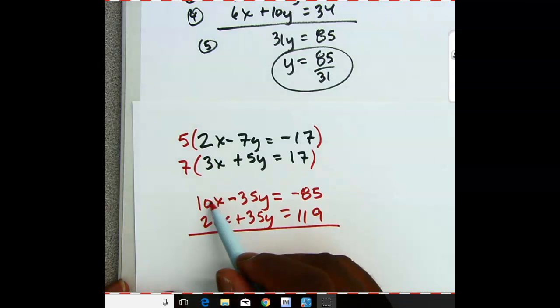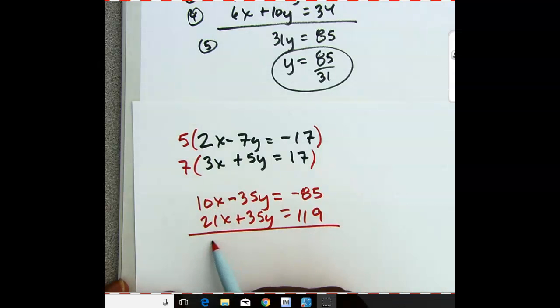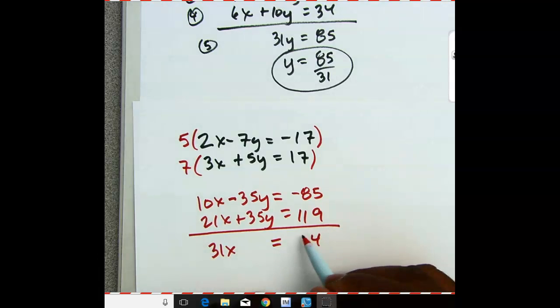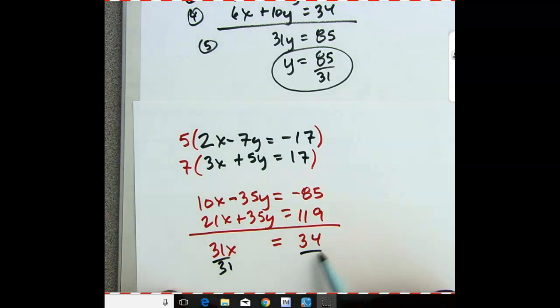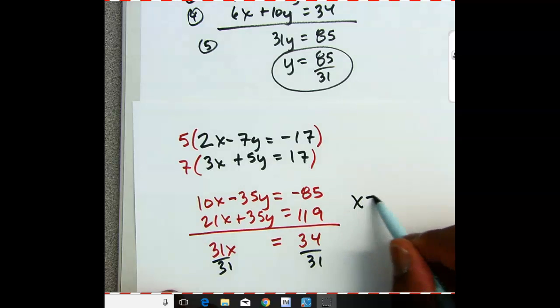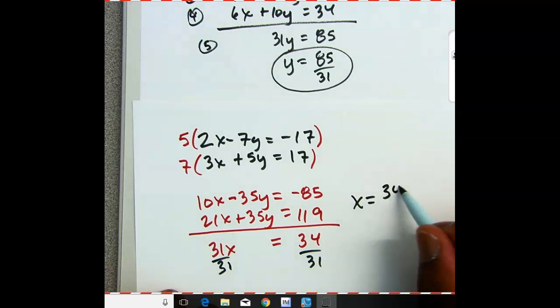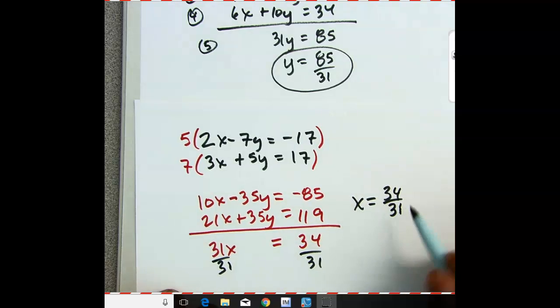Okay, let's add. 10x plus 21x is 31x. The y's are eliminated. 119 minus 85, I believe, that's 34. Divide both sides by 31. And you're going to get x is equal to 34 over 31.